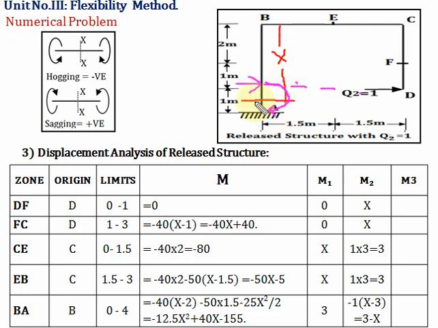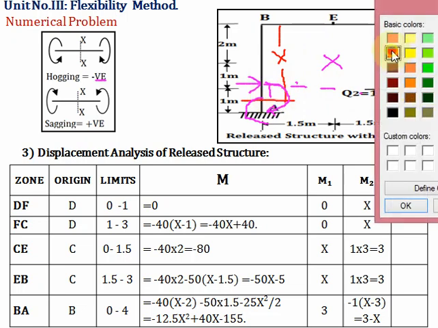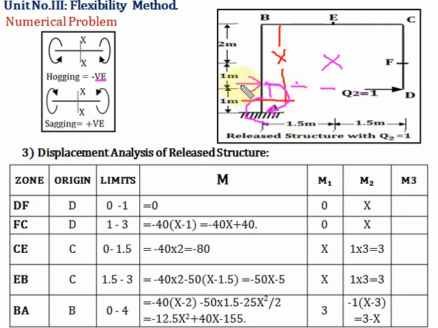Here the nature of bending moment will be hogging, as we are standing inside the frame. This force is in this line. So the nature of bending moment will be hogging, minus. So here we have taken minus. What is the intensity of force? Minus 1. And now we have to calculate this distance. So this distance is equal to how much?